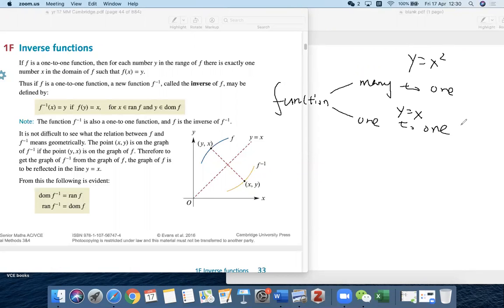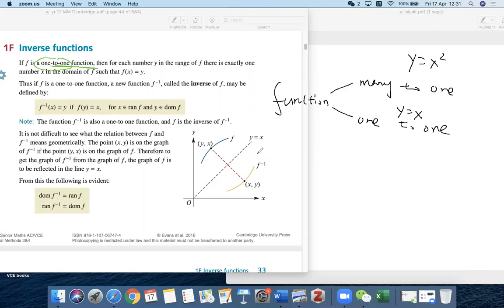But for inverse functions, we keep emphasizing that only one-to-one functions have an inverse. Why is this the case? Let's think about this. Why do only one-to-one functions have an inverse function?